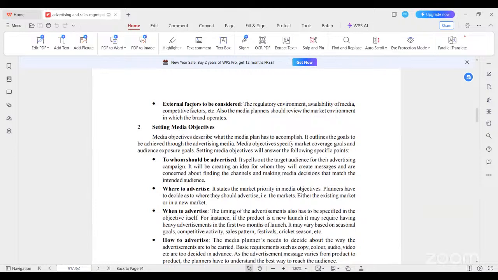Here the planners, the advertisers, have to decide where they have to advertise in the market, either the existing market or a new market.